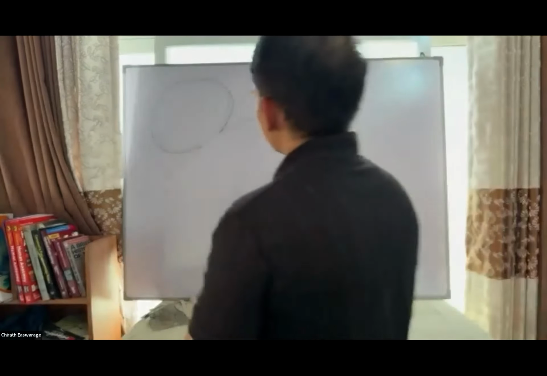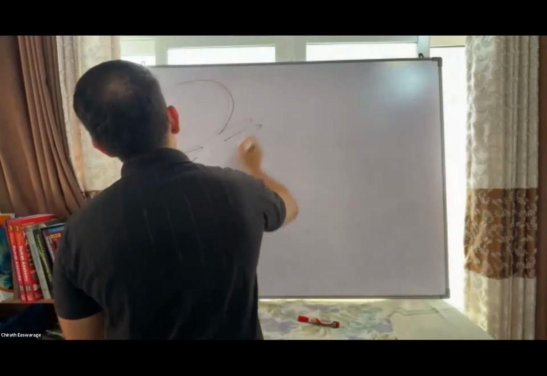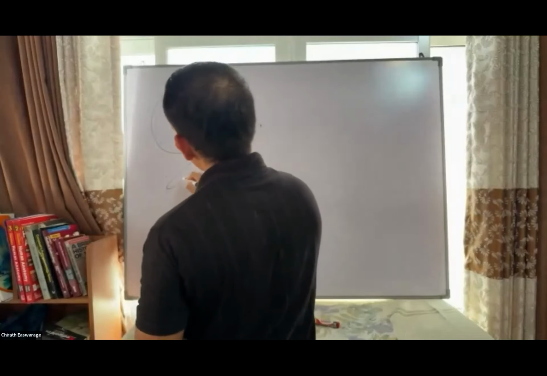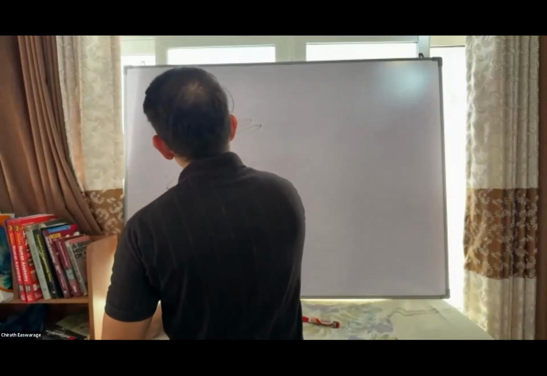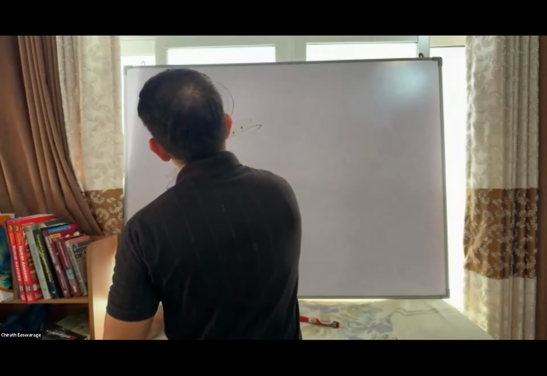Immediately continuing from the outer membrane of your nucleus, you have rough endoplasmic reticulum, right? How do you distinguish it? By all the ribosomes attached.